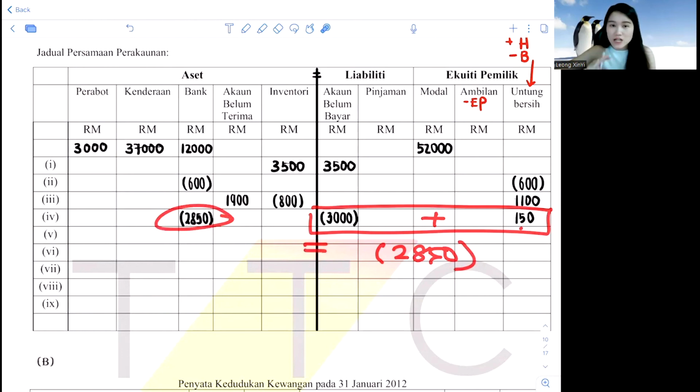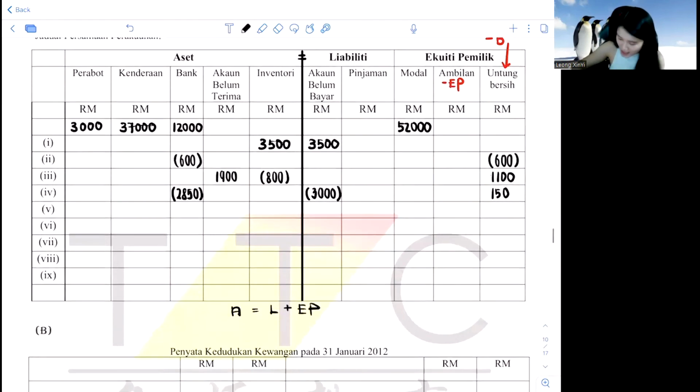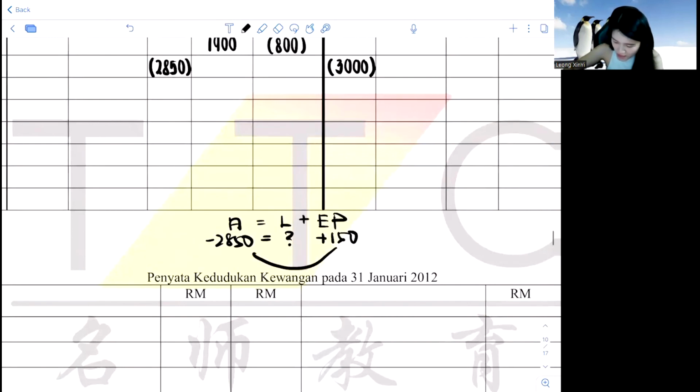Okay, so if you are in confusion and not sure what the figure is supposed to be, I teach you one way. The formula is A equals L plus EP. If you can tell that your asset is negative 2850 and your 150 is a positive 150, you want to find out the liability. A bit like maths, you move your EP to the other side. So what would it become?